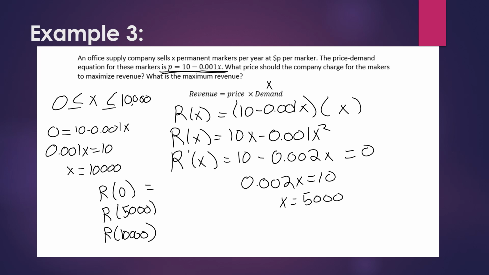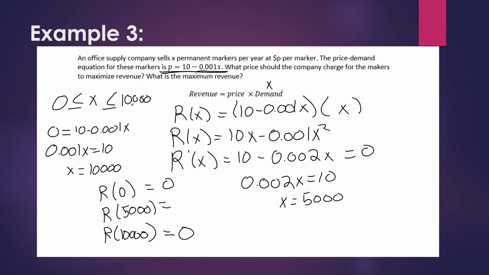So if I plug in 0 for revenue, I get 0. If I plug in 10,000 for x, I'm going to get 0. So 5,000 has to be my max, which let's take a look here.